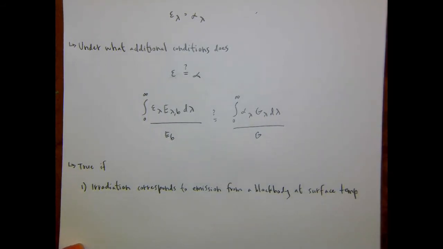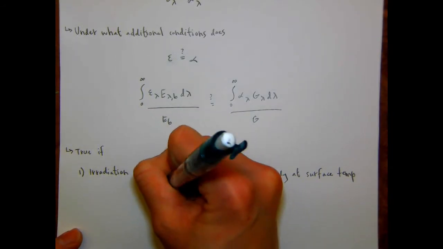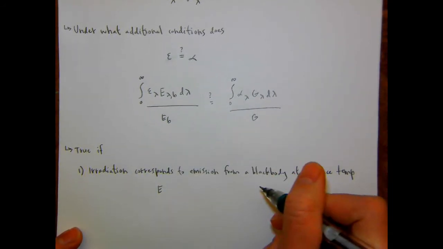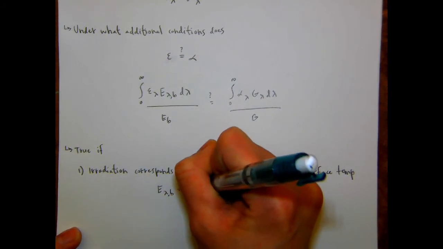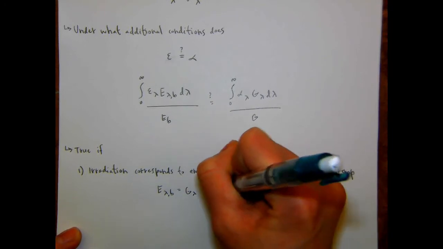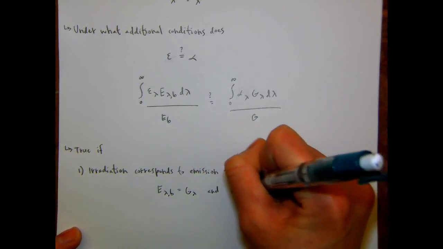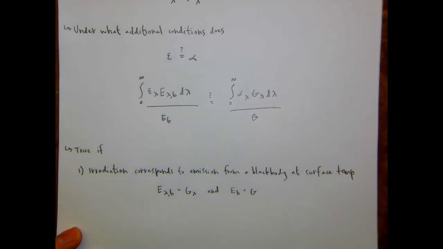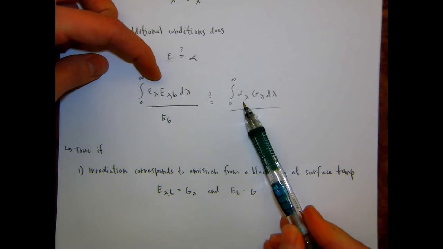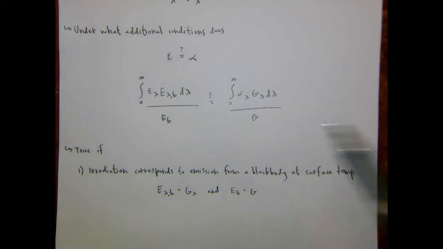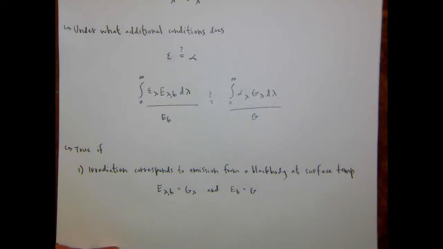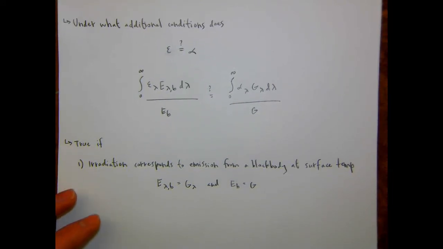So for this condition, we would be able to say that if it's emission from a black body, the irradiation, the spectral and total irradiation, is just going to be equal to emission from a black body. And so you can just look at the integrals and say, okay, we know these two quantities are equal. So then if this one equals this one and this one equals this one, then they're just identical integrals. But that's not a very helpful condition because it's the same restrictive condition that we started with.